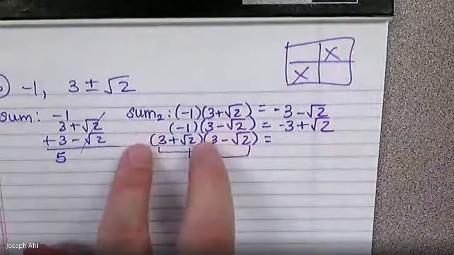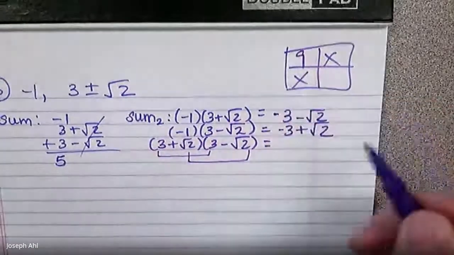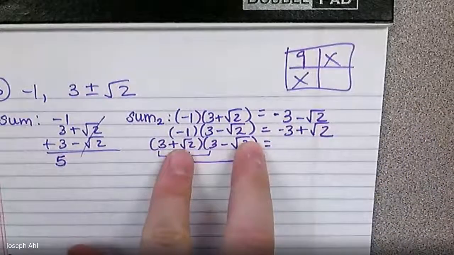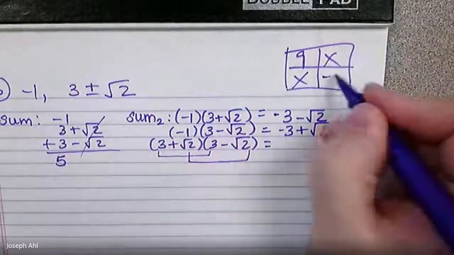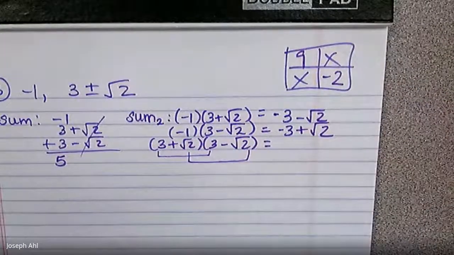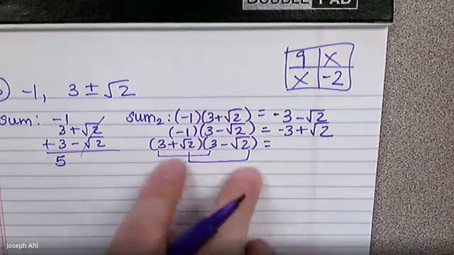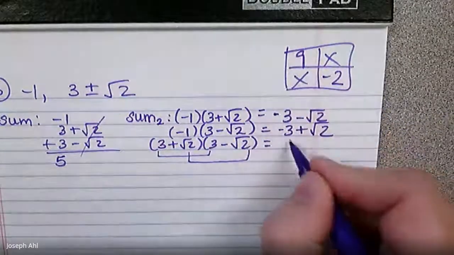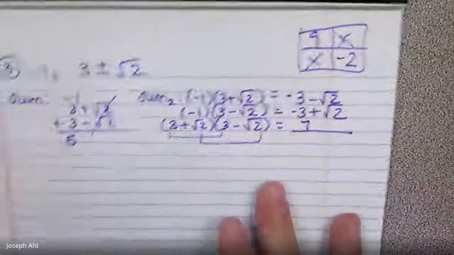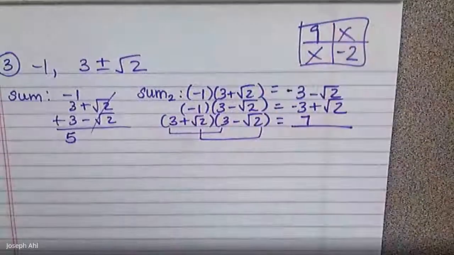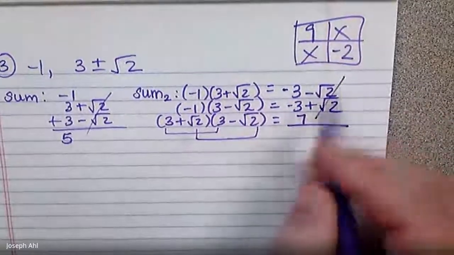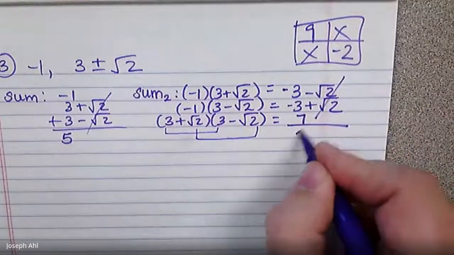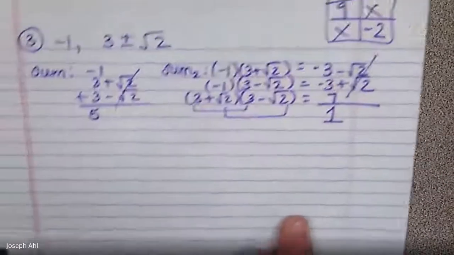So you're just left with 3 times 3, which is 9. Radical 2 times negative radical 2 is a negative 2, so be careful about that. Radical 2 times radical 2 is 2, but it's negative. 9 minus 2 is 7. You'll get that from FOIL, from box method, whatever you want. Okay, radical 2's cancel. Negative 6 plus 7 is 1 for the sum 2 at a time.